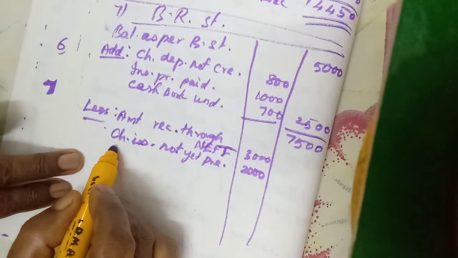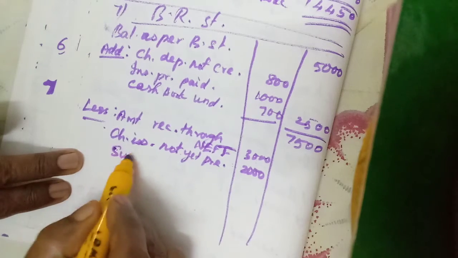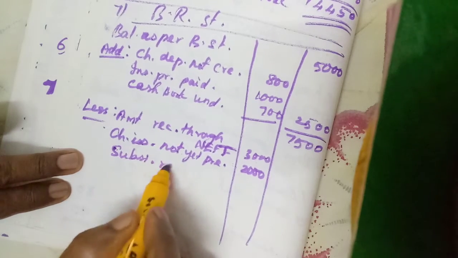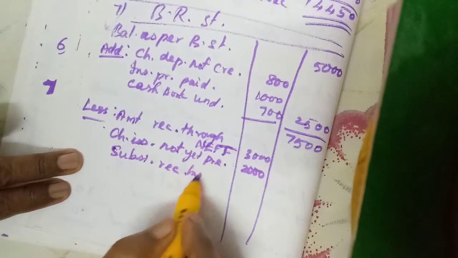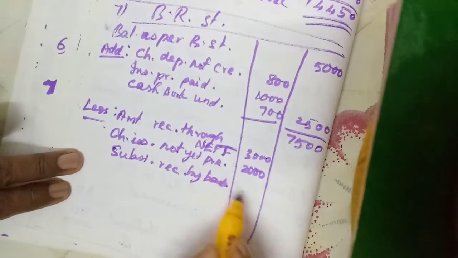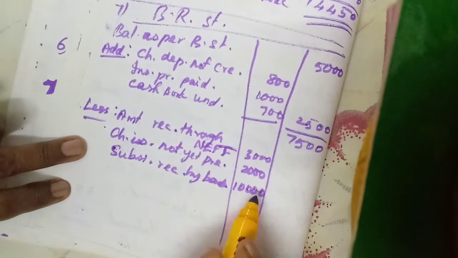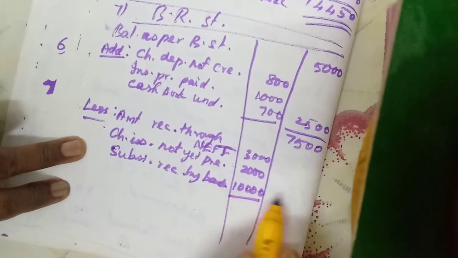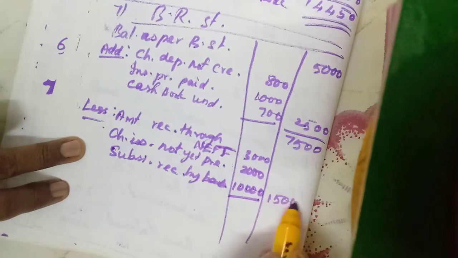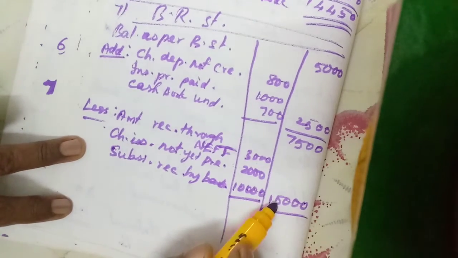Then less the last one, isn't it? Subsidy received by bank 10,000. Total 15,000. Here this amount is more.